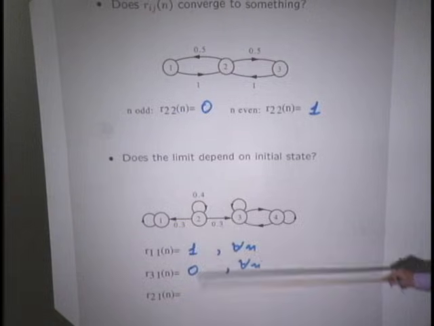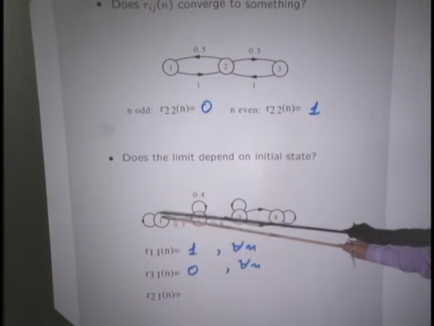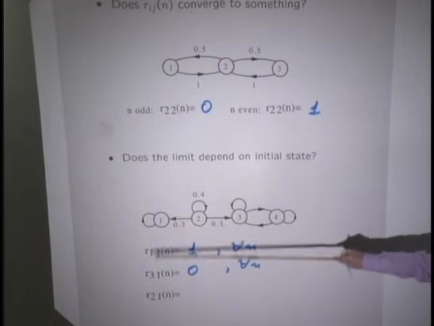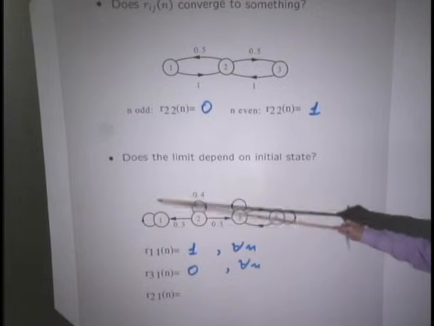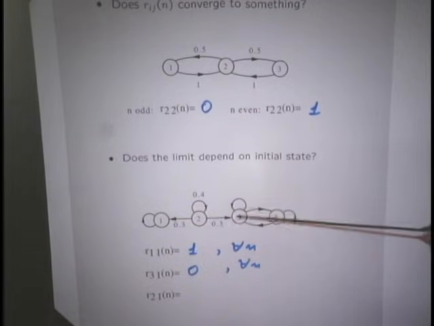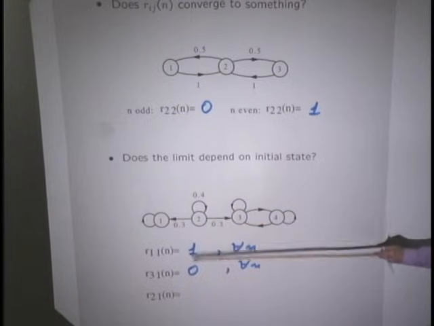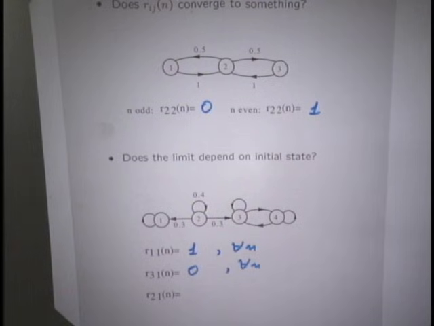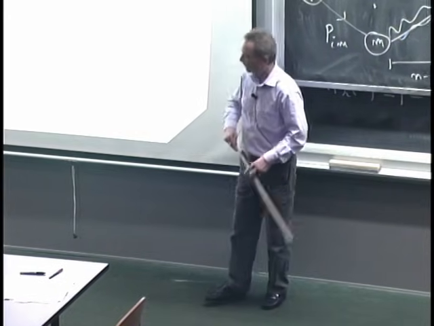So these are the long-term probabilities of finding yourself at state 1, but those long-term probabilities are affected by where you started. If you start here, you're sure that in the long term you'll be here. If you start here, you're sure that in the long term you will not be there. So the initial state does matter here. And this is a situation where certain states are not accessible from certain other states. So it has something to do with the graph structure of our Markov chain.